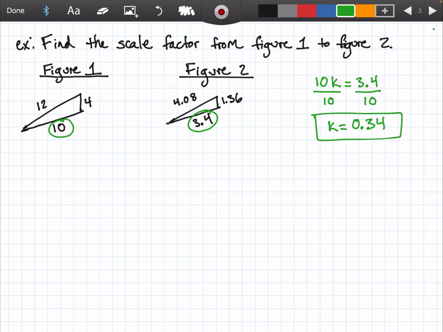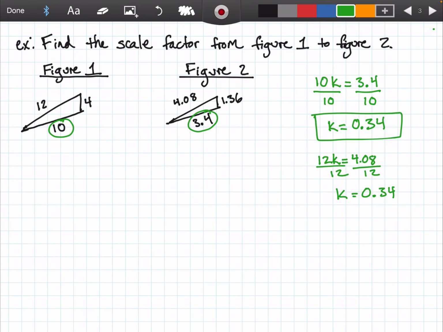And there we go. I could check that with any pair of side lengths. So I could do the same thing and say, 12 times my scale factor gets me 4.08. And divide it by 12, guess what? K is still going to be 0.34. So as long as you pick 2 pairs of corresponding sides, then you should be fine.